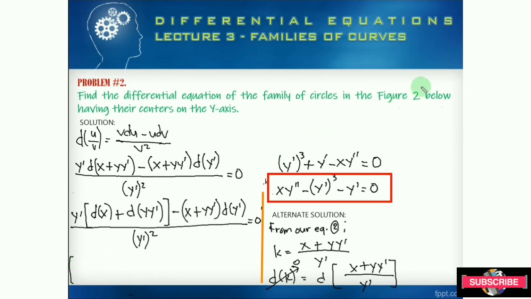Again simplifying this, we will have this equation: y prime, and the derivative of x is simply equal to 1. Then plus the derivative of this one, which we will enclose with another bracket.